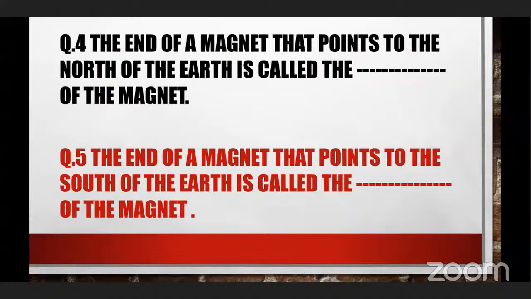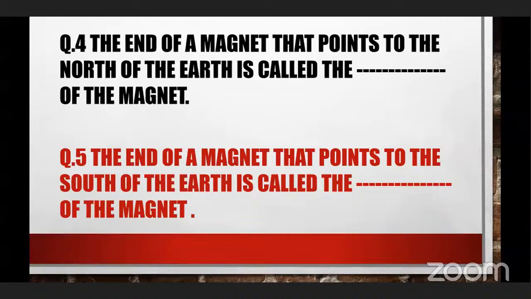Now the next question. The end of a magnet that points to the north of the earth is called the dash dash of the magnet.